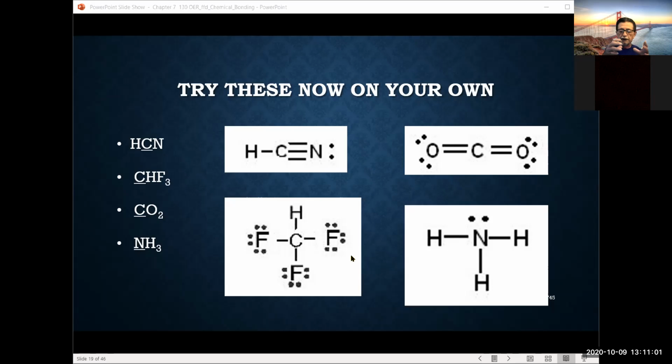How that comes into play here is when there is a bond between two different atoms, the fact that they have different electronegativity results in that pair that's being shared being shared unevenly.